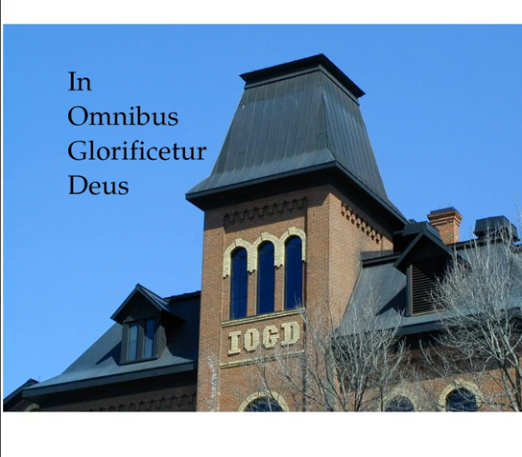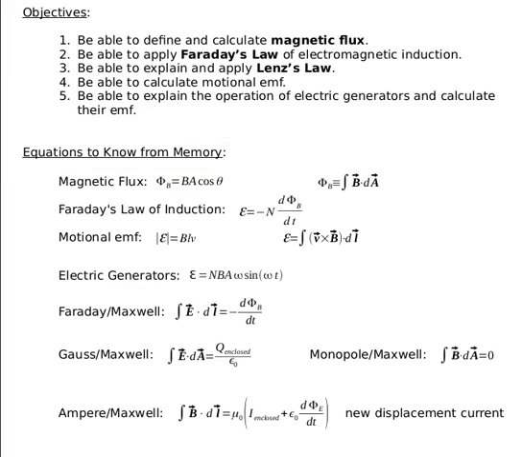So what we have is these kind of equations, for which the most critical ones are the ones that deal with induction, right? So this is kind of the main event.